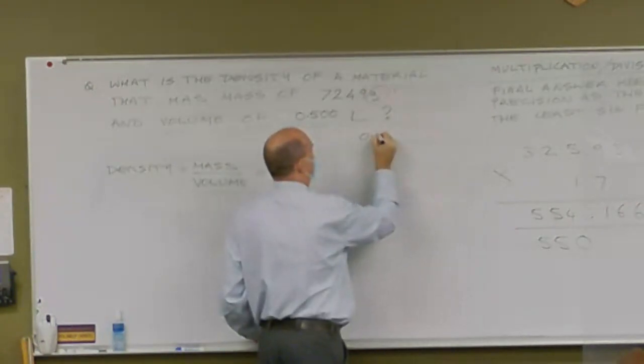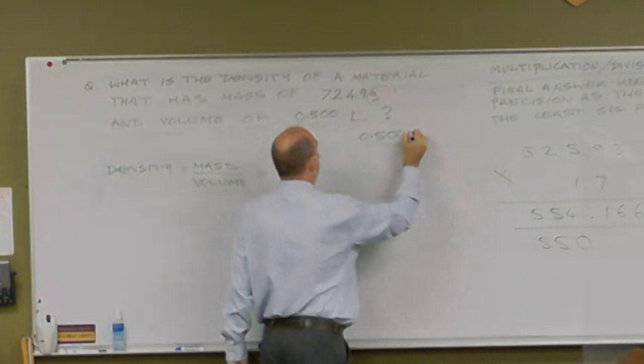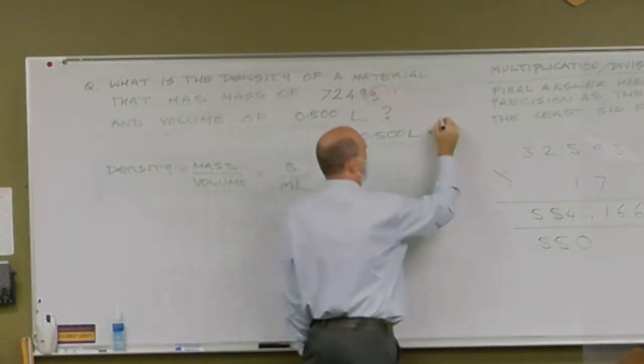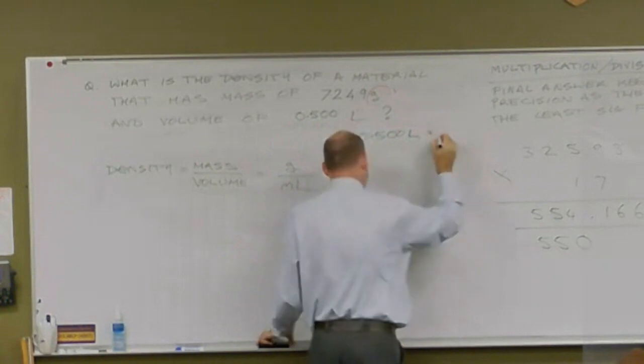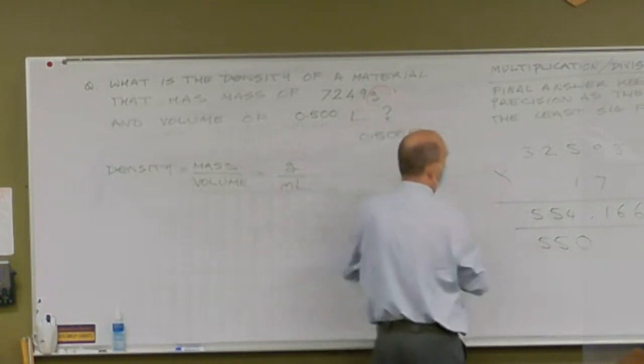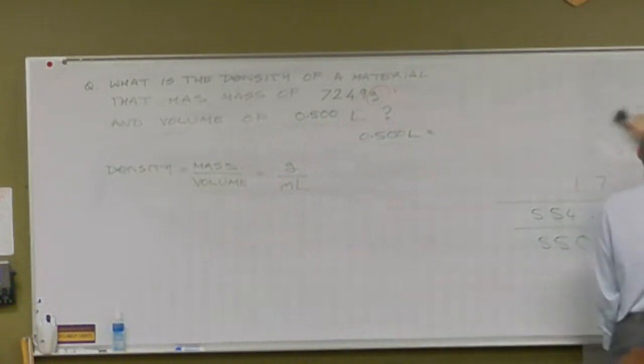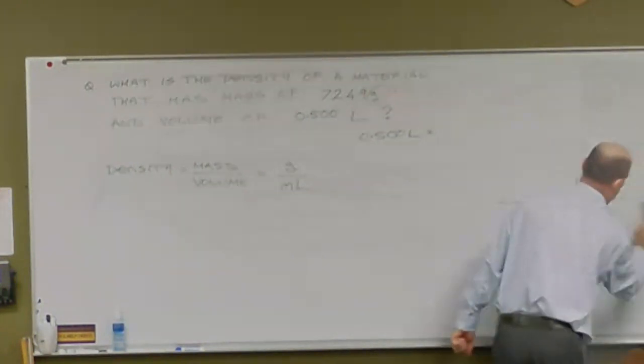So I have 0.5 liters, and my conversion factor is that 1 liter is 1,000 milliliters.